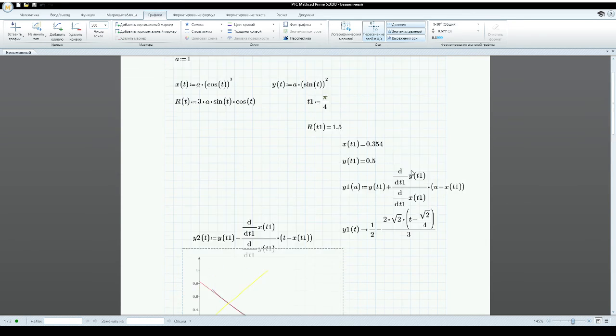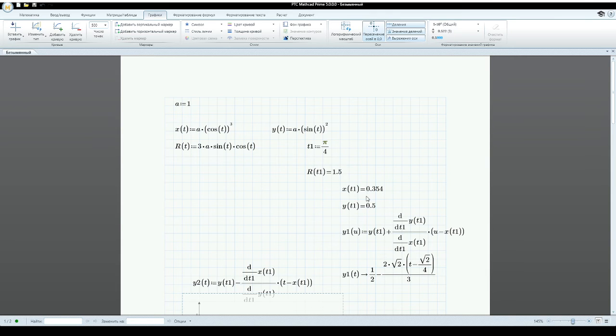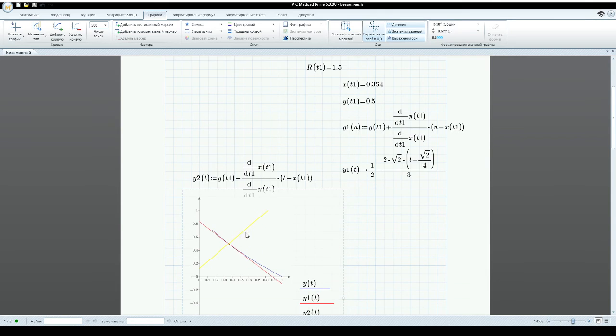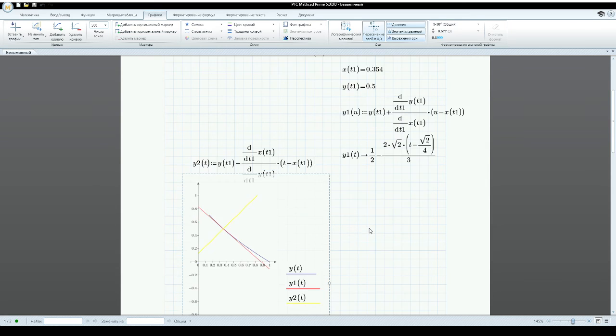And this is the radius vector in which we must plot the circle. We must plot the circle using this radius vector. Understand me or not? Yeah.